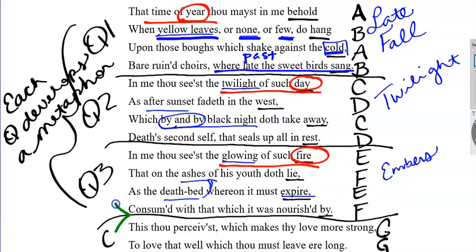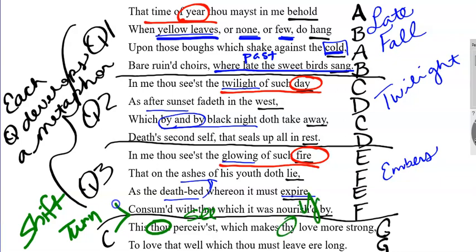and by the way, here is your turn. We talk about the turn. This is your turn. This is the shift. Now I'll even write the word shift there. This is your shift in the poem. He says, this thou perceivest. Thou means you. So this thou perceivest, which means see, understand, which makes thy love, this means your love more strong.